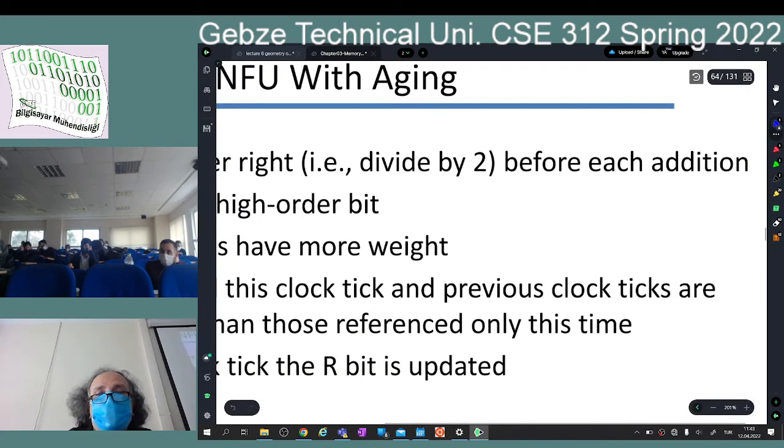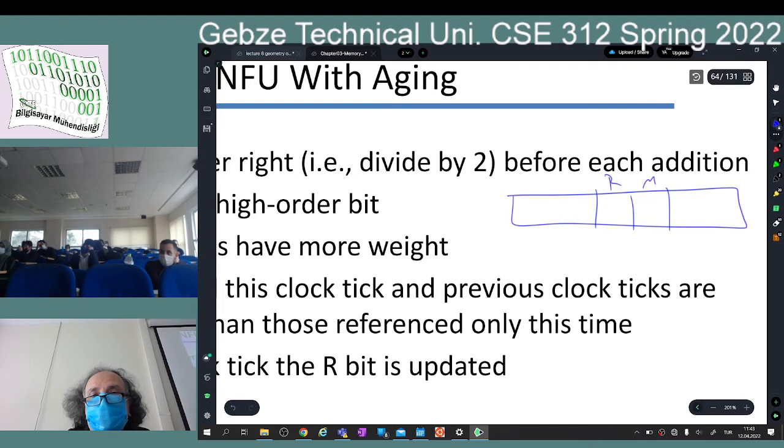Let's say this is my table again. This is the R bit, M bit, and the other stuff, and this is my counter. In my counter, let's say I am doing it in a binary format, 0 1 1 0 1, and my R bit is 1.